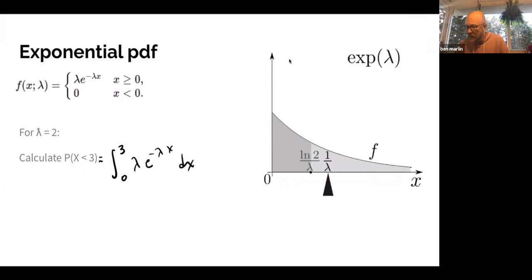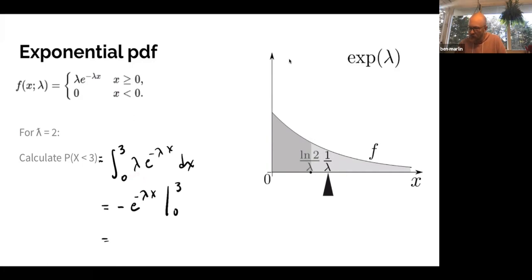So in doing that, you're gonna do a u substitution, and the u is gonna be the minus lambda x, and that means that you will scoop up the lambda inside of the du, and you'll end up, for an answer of this, getting minus e to the minus lambda x, evaluate 0 to 3.